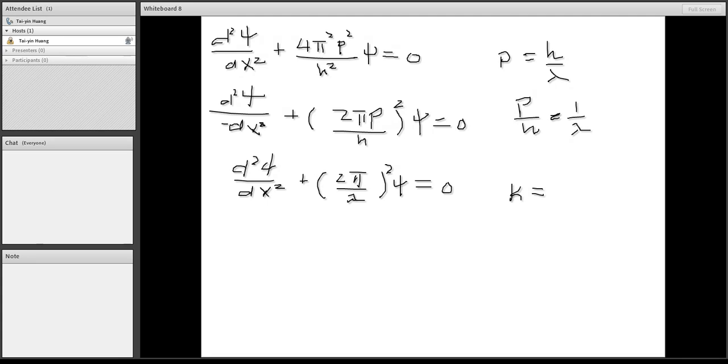So wave number is 2 pi over lambda. And so this equation can further be written as this, and then plus k squared times the wave function, equals 0.